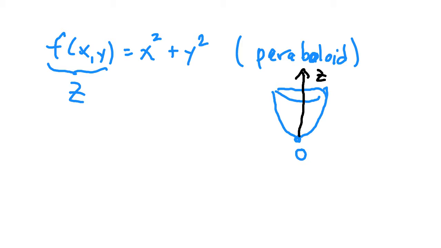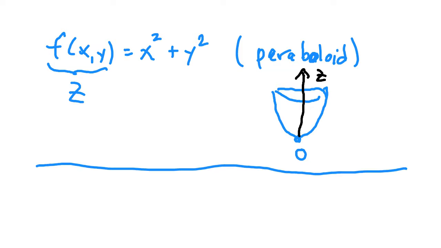But what if you had a surface like this? What if you had x squared plus y squared equals 4? What kind of surface is that?